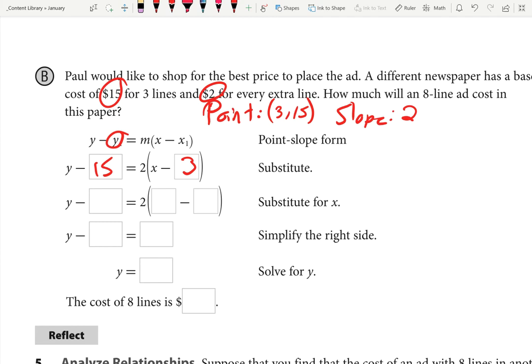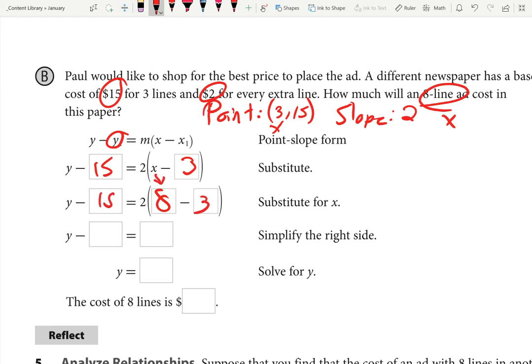So in order to use it, we're asked how much will an 8-line ad cost? Well, remember, lines is the x value, like 3 lines is the x value, because it's the independent variable. So this is actually an x value we can plug into our equation and then evaluate for y. So we're plugging the 8 in for the x, and we're just evaluating.